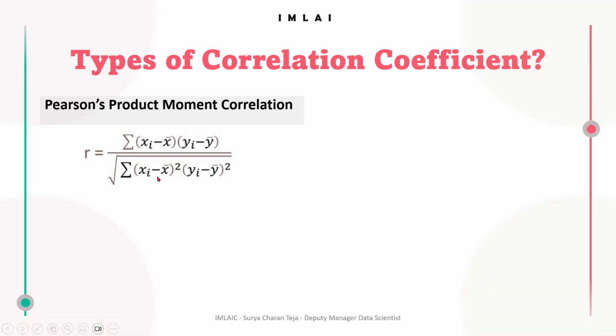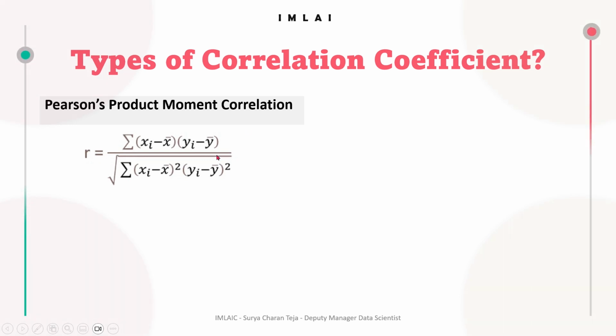Take these two components separately and do the division, and we'll get the Pearson's product moment correlation coefficient.